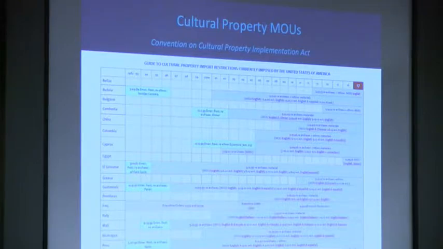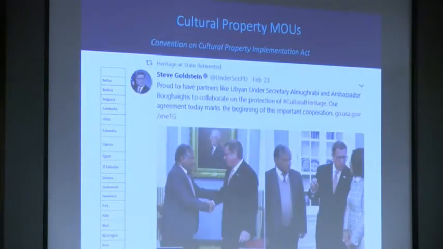And that office does research in support of those, runs meetings to support the committee that decides whether we're going to continue those treaties. In fact, the most recent one actually was just signed a couple weeks ago and is with Libya. So this means that if objects are found that were imported prior to either this law going into effect in the early 1980s or when these treaties are signed, even if those objects aren't known, if they're archaeological materials, then the country can request that we repatriate them or return them.